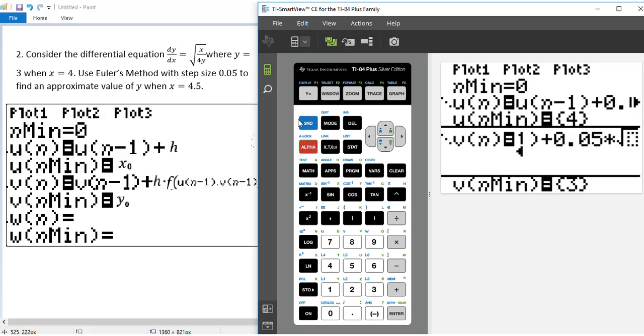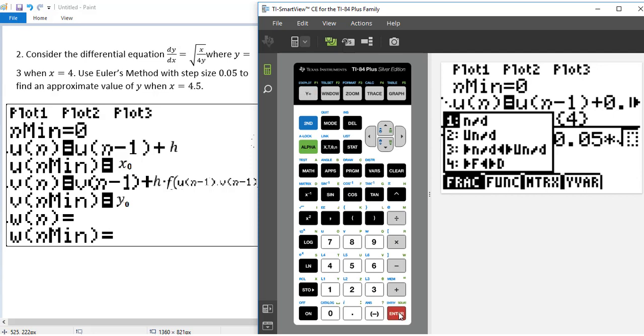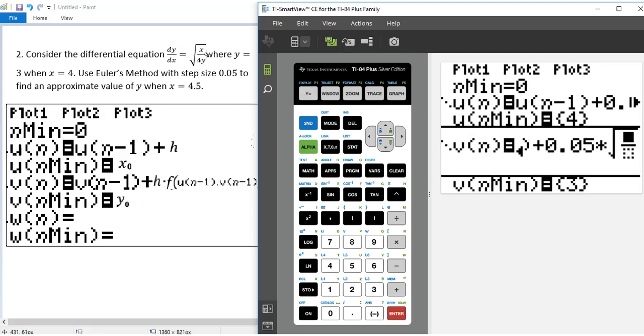Go to alpha y equals, enter. This x you've got to change into u sub n minus 1. So we have a second 7, that's u parenthesis n minus 1. Then over 4 times y, you need to change y into v sub n minus 1. So second 8, that's v parenthesis n minus 1.